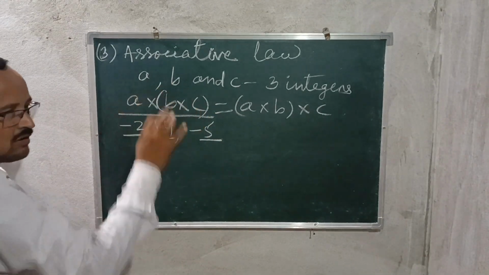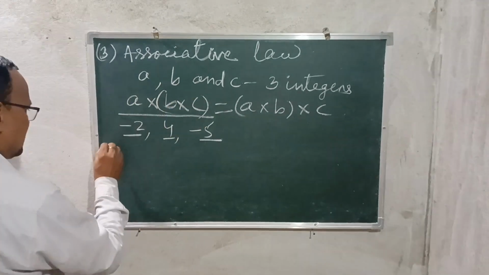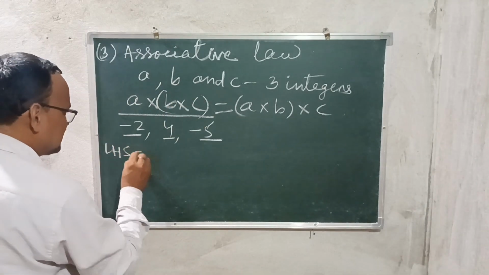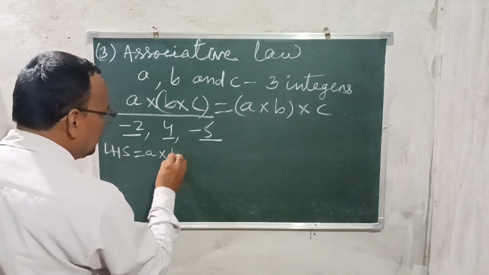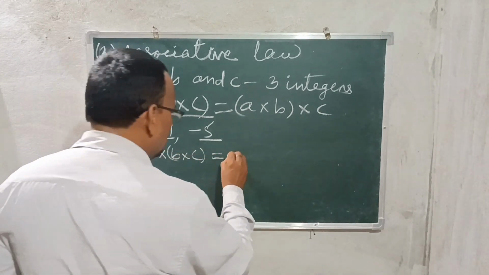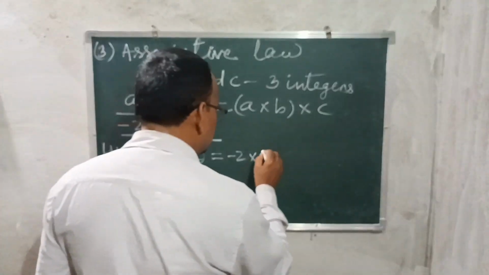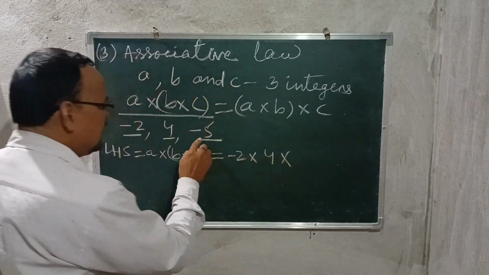So we have to find the product of the left hand side, or solve the left hand side first. What is that left hand side? Left hand side, that is given A into (B into C), and that is equal to A -2 into (B 4 into C -5).